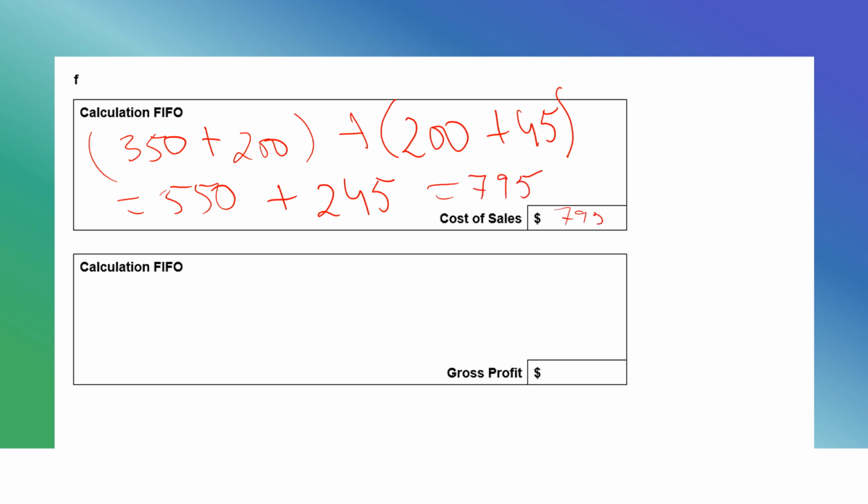So here 795. Again, if you're not sure, look at the theory for the way we've discussed how to calculate cost of sales with our inventory cards.